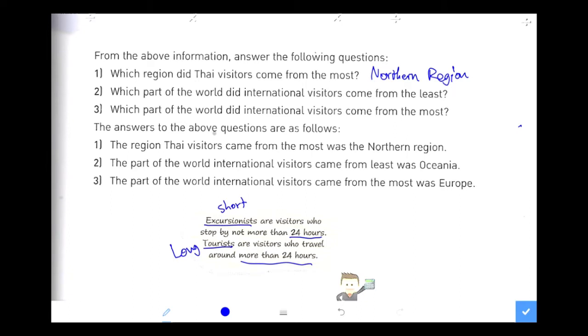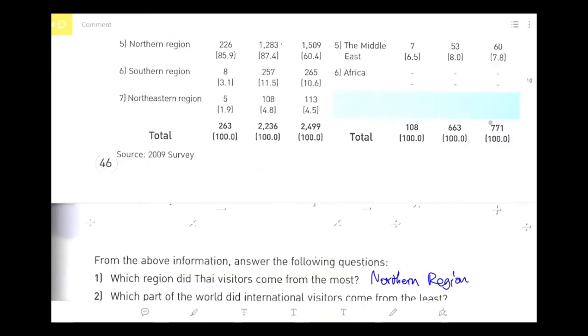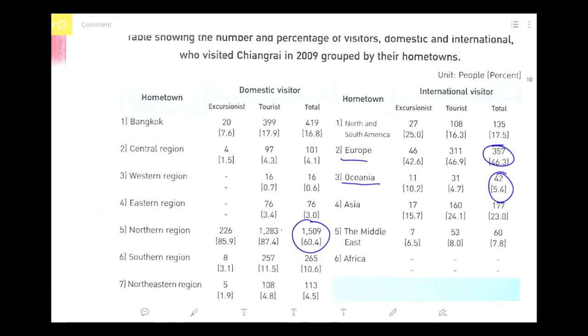Which part of the world did international visitors come from the least? The next question is like the most. So you find the least and the most, and come back to answer the two questions. You look for the international visitors. The least is this one, 42 people, Oceania.